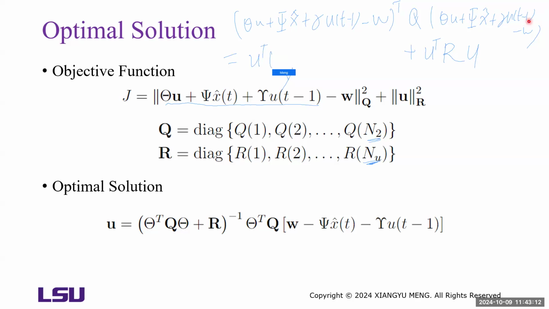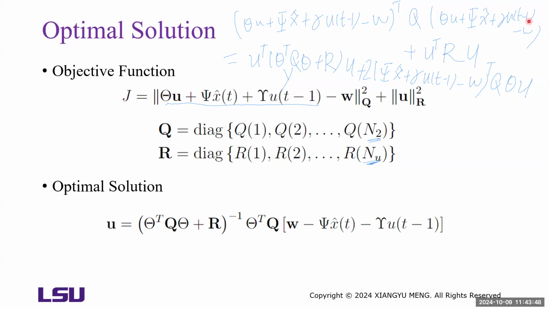So U transpose times phi transpose Q theta plus R, U, then plus 2 times phi x hat plus gamma ut minus 1 minus W, transpose, Q theta U.